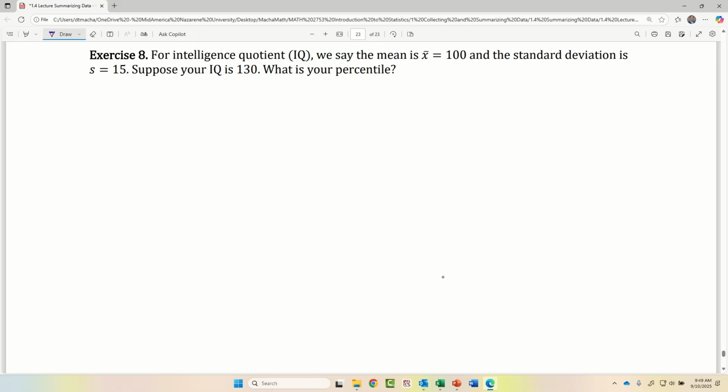Of course, this doesn't always work out exactly, but they try to design and score the IQ tests in such a way that our mean is 100 and our standard deviation is 15. This time, suppose that you take an IQ test and your score comes back as 130. What would that mean for your percentile?